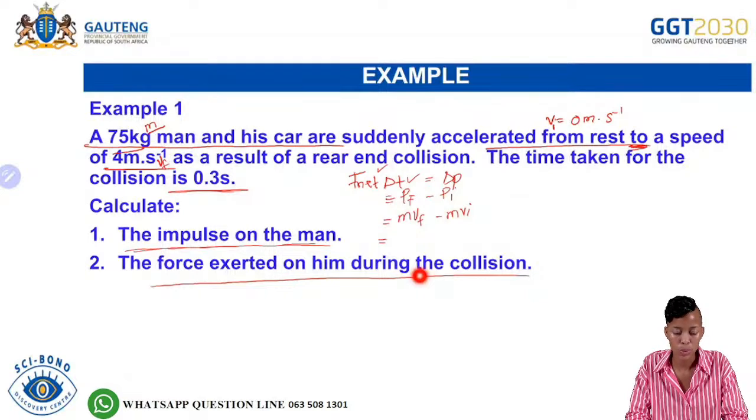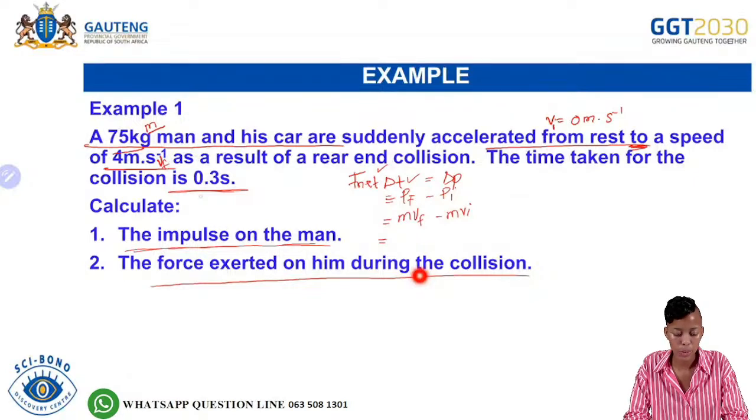What are we going to do from there? The next step is to check if we need to convert anything. The mass is given in kilograms, the velocity is given in meters per second, and we don't need the time, but it's given in seconds.